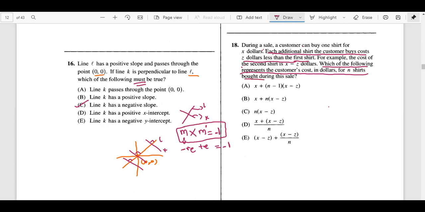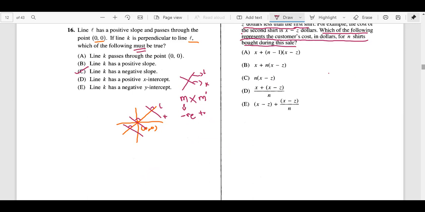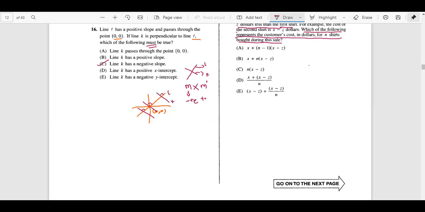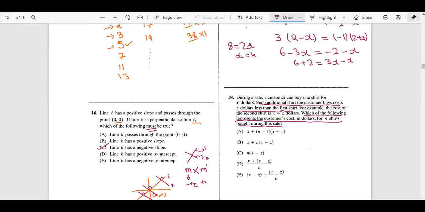First of all, you need to understand the question. During a sale, a customer can buy one shirt for X dollars. So let's say we have a customer who bought one shirt only. We have to do it for at least 4 shirts, so I need to have good space for this. Let's say there's a customer buying one shirt only.